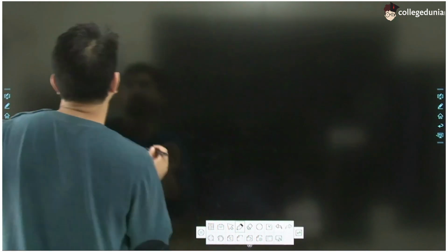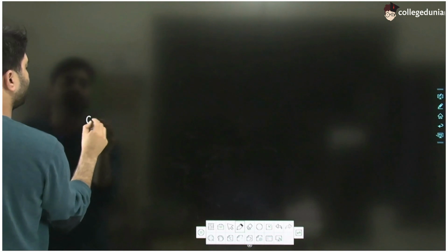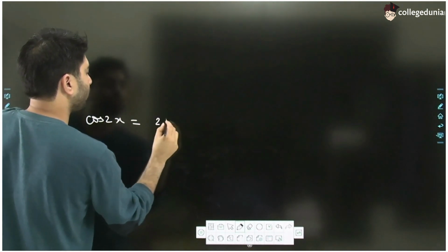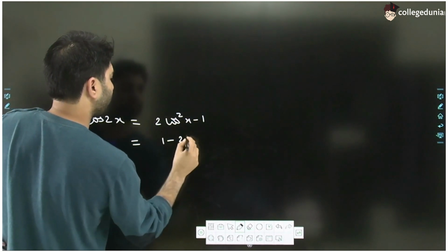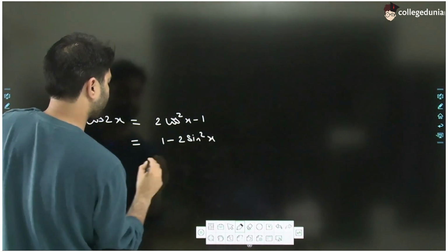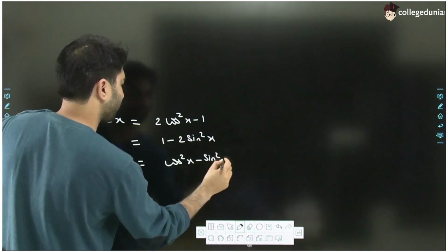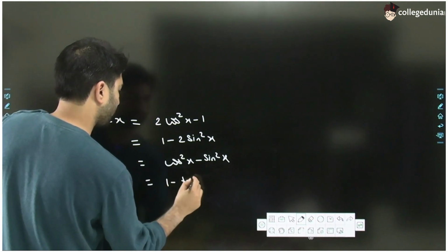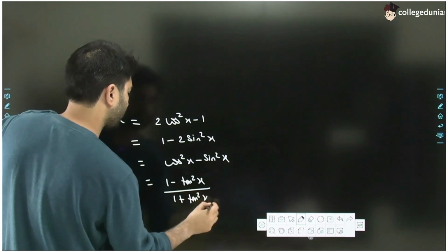So guys, now we have the formulas of cos 2x. We have 4 formulas for cos 2x, which are: the first one is 2 cos square x minus 1, then 1 minus 2 sin square x, then cos square x minus sin square x, and the last one is 1 minus tan square x upon 1 plus tan square x.